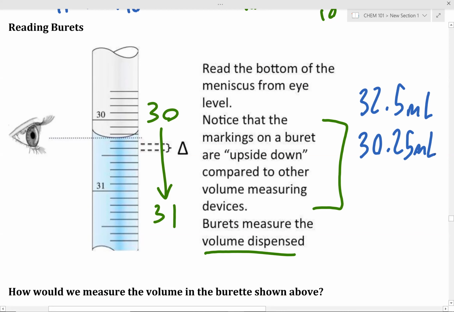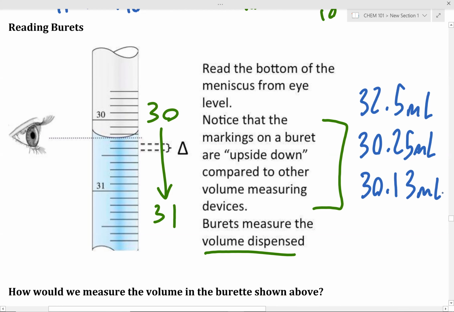Would someone else like to volunteer? What was that? Don't be shy. 30.13. Okay. Any other measurements? Okay, so let's discuss this.